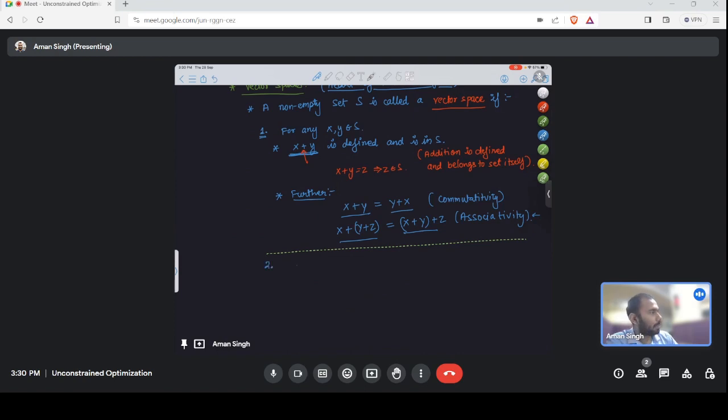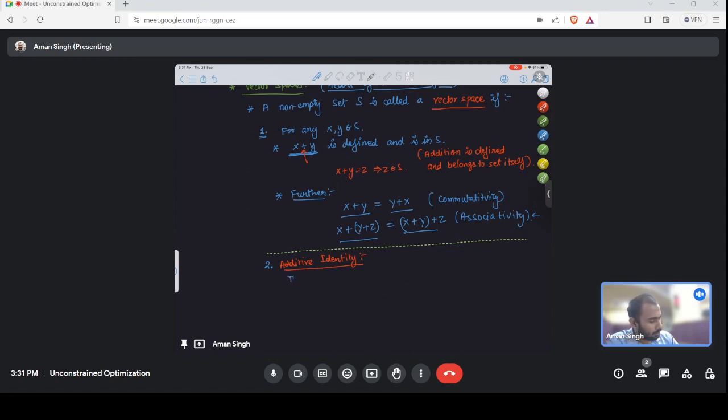Then the second property is, I call it additive identity. What does this say?